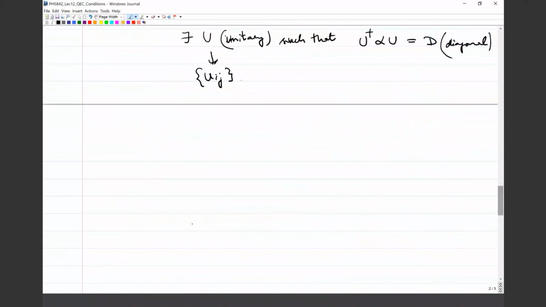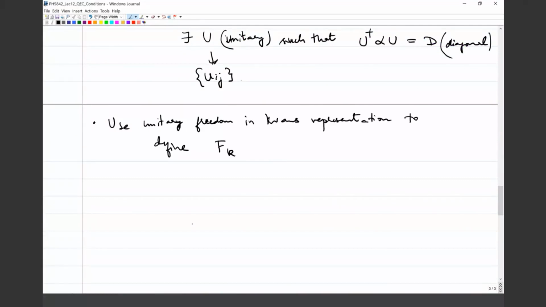So now we use the unitary freedom in Krauss representation to define a set of operators Fk such that Fk comes by combining these EIs, the so-called original error operators of the channel, using the elements of this unitary matrix, right?